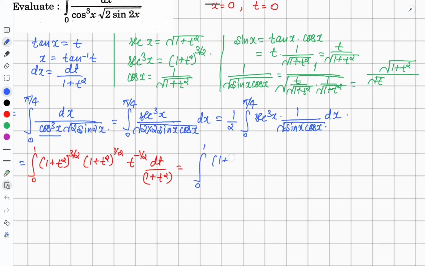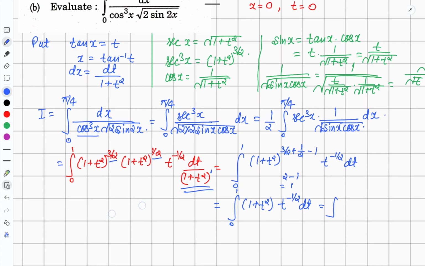So 1 plus t square has 3 by 2 plus 1 by 2 minus 1, which is just 1. So 1 plus t square raised to power 1 is 1 plus t square only, into t raised to power minus 1 by 2 dt.